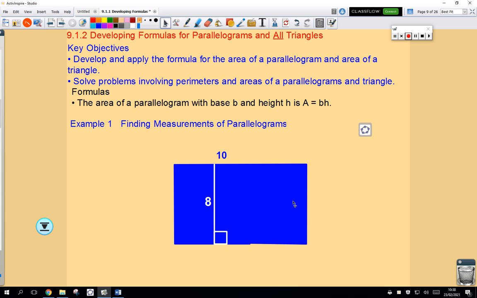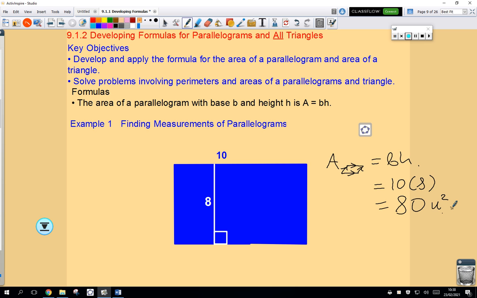And we've seen that the area of a rectangle is base times height. So the area of the parallelogram is equal to base times height. In this case, the base is 10, the height is 8, so that's equal to 80. And again, it'll be whatever the units are, squared.